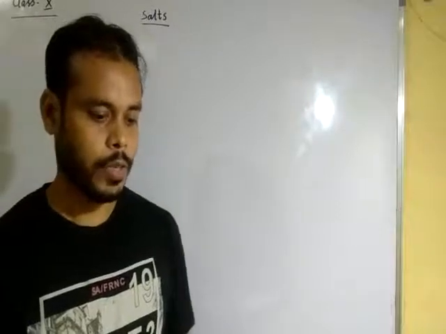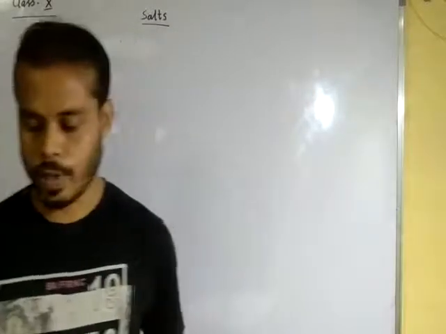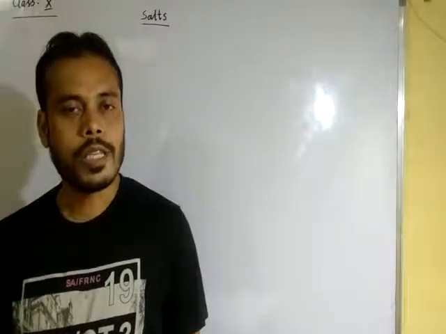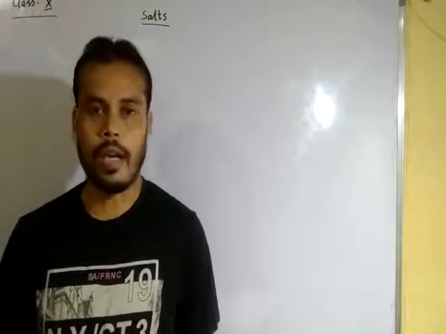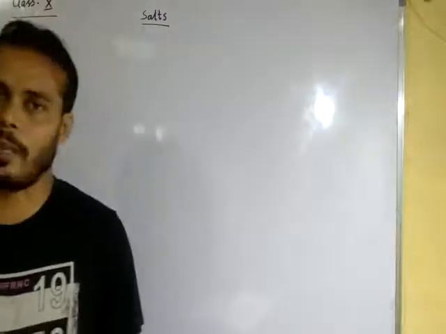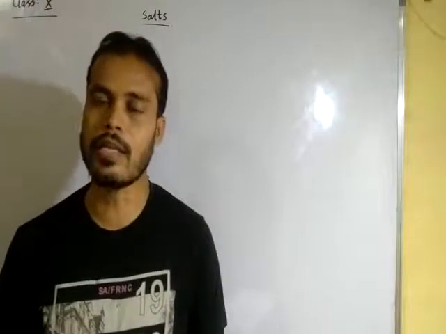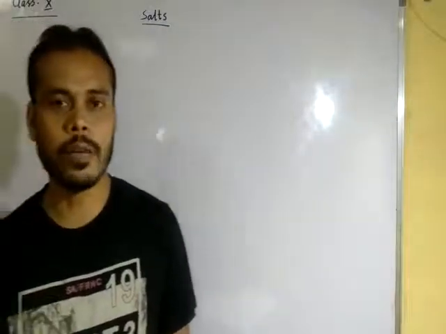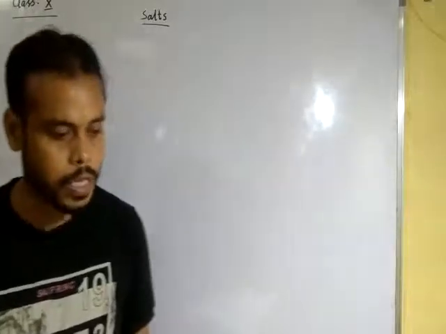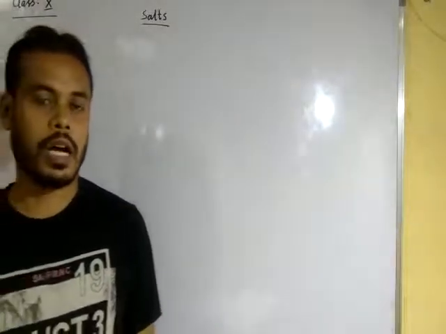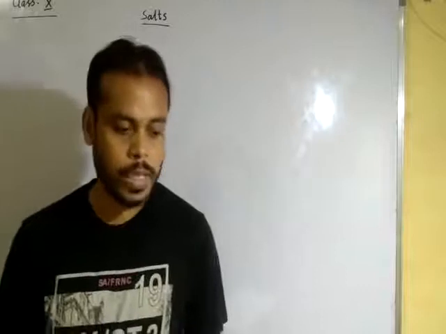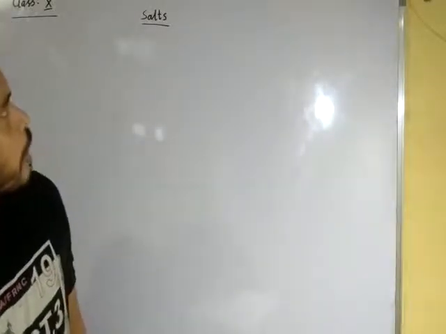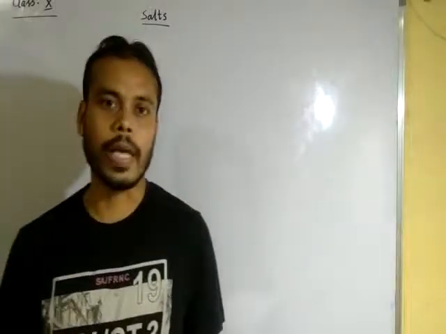First of all, we should know what is the definition of salt. The substance having cations and anions instead of H plus ion and OH minus ion is called salt. Very simple definition. Another definition: a salt is a compound which is formed by the neutralization of an acid or base.